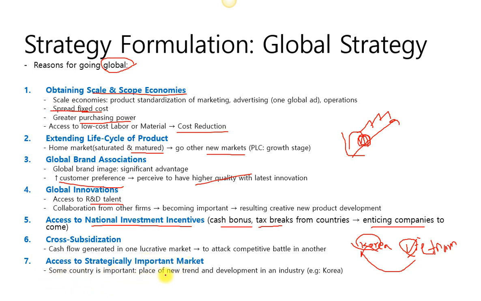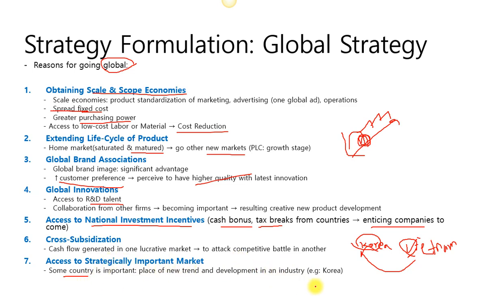Some countries are an important place of new trend development in industry. Korea, for instance, is perceived to be a very important country for expensive brands like Louis Vuitton, Chanel, or Prada. These high-end luxury brands consider it a strategically important market.